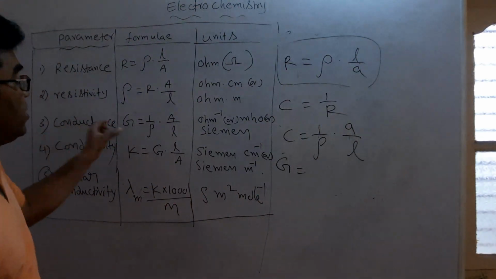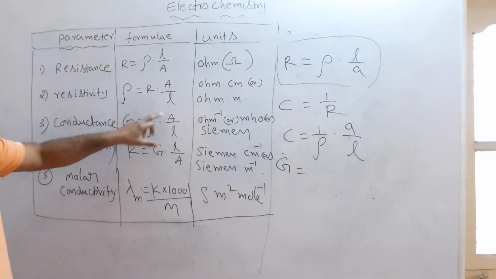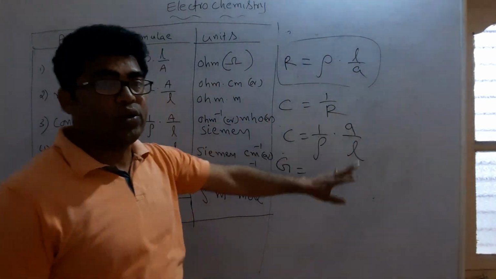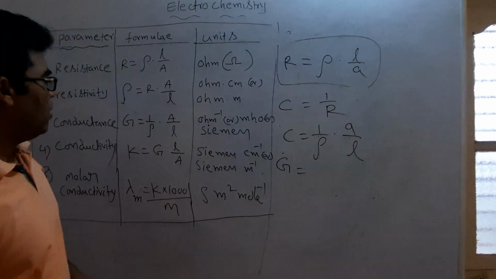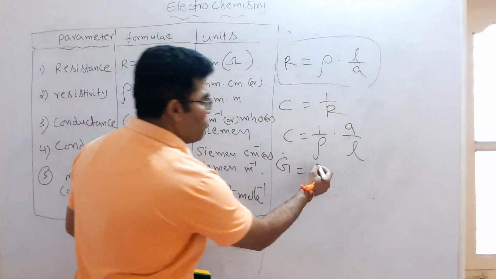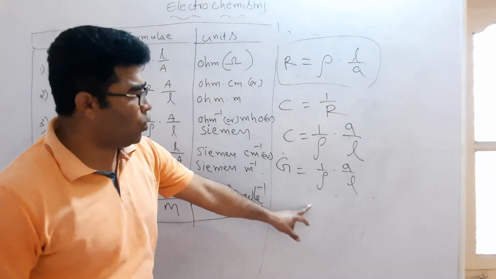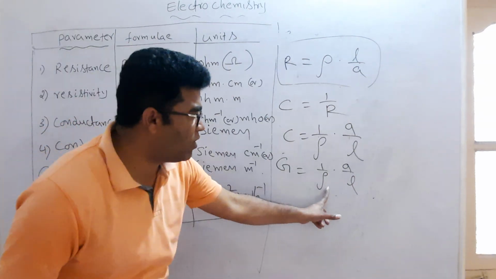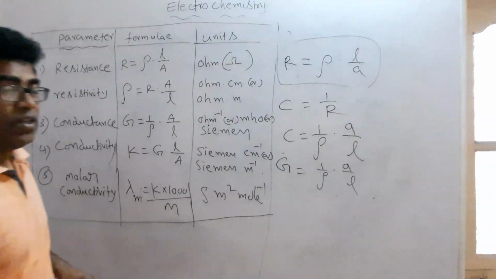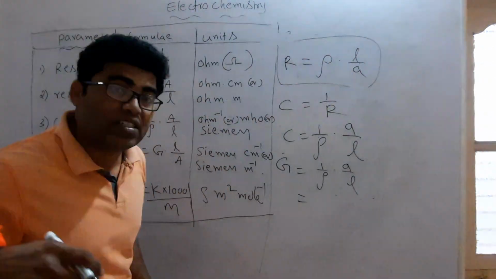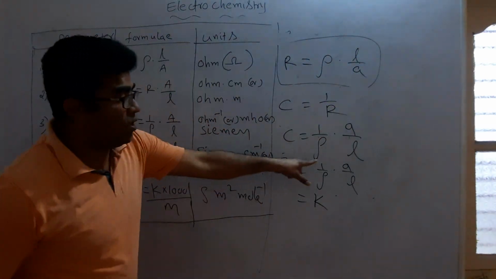So conductance G equal to 1 by rho into A by L. Now here you observe 1 by rho.